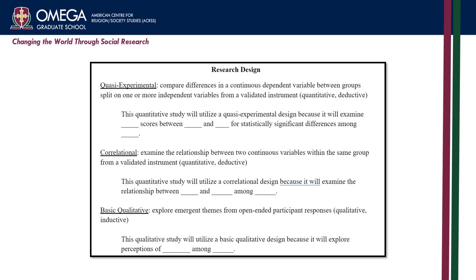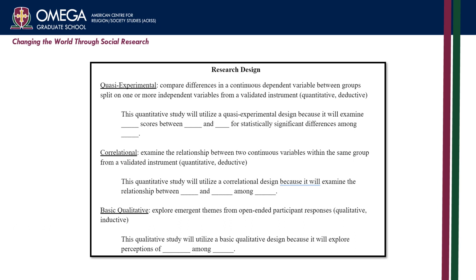And this is essentially a deductive process. So you would state something like this. This quantitative study will utilize a quasi-experimental design because it will examine blank scores between group 1 and group 2 for a statistically significant difference among your participants.